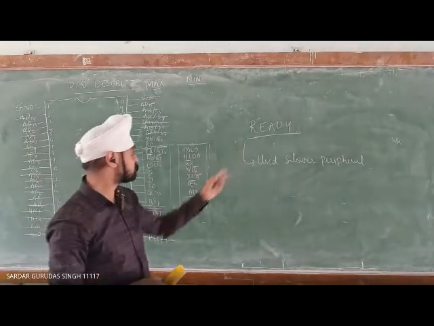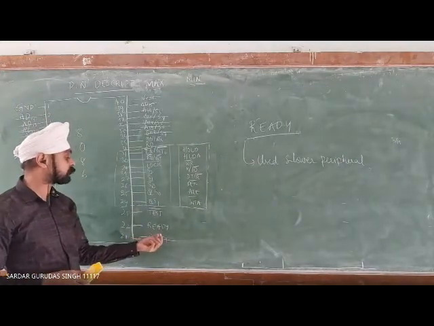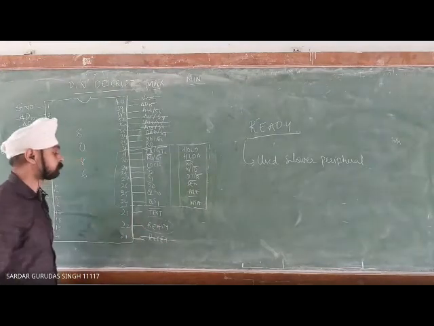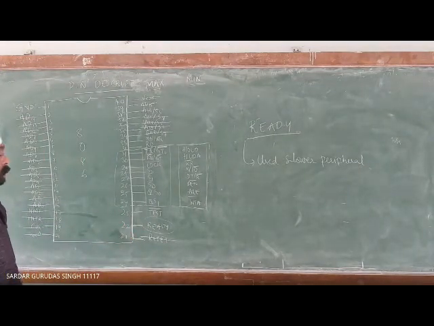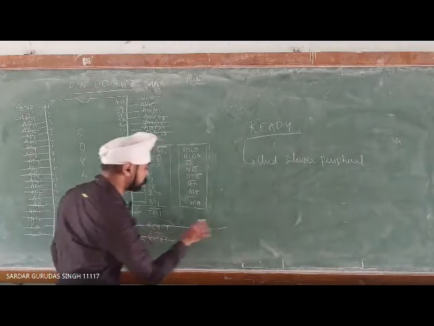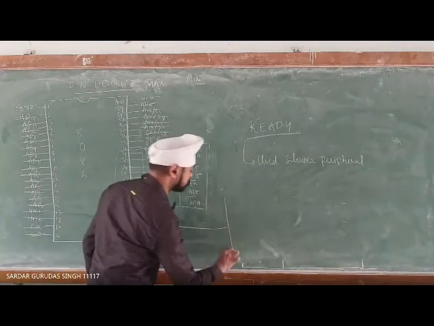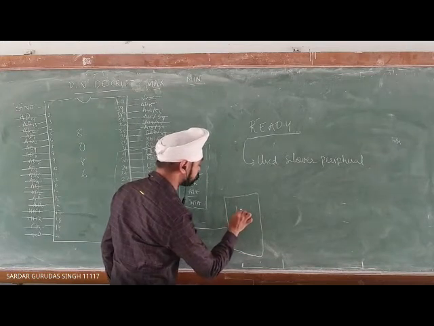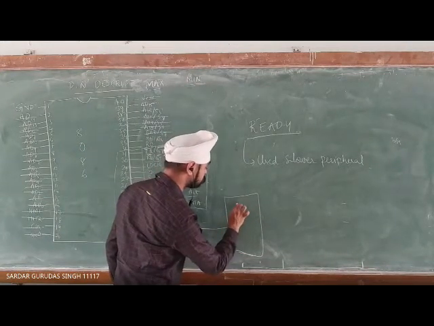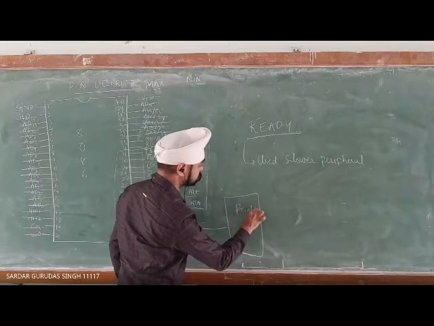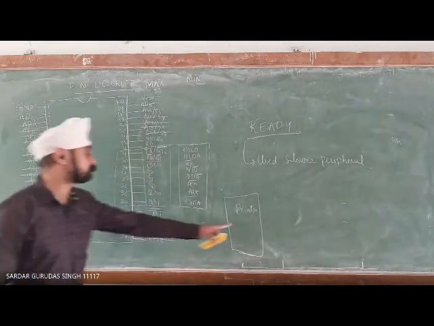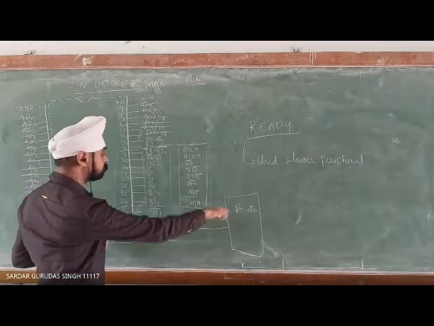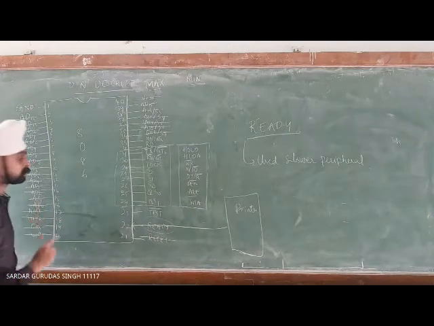That status is given by the peripherals on this ready line. Suppose the ready signal is connected with a peripheral, let us say a printer. The printer is very slow compared to the speed of the processor.